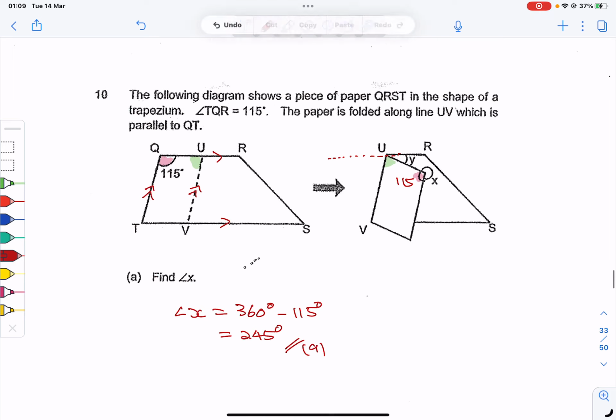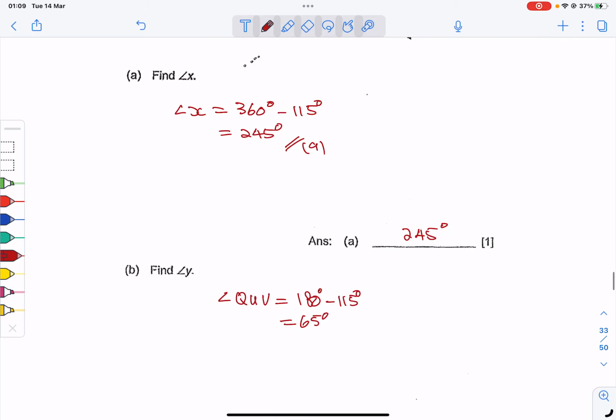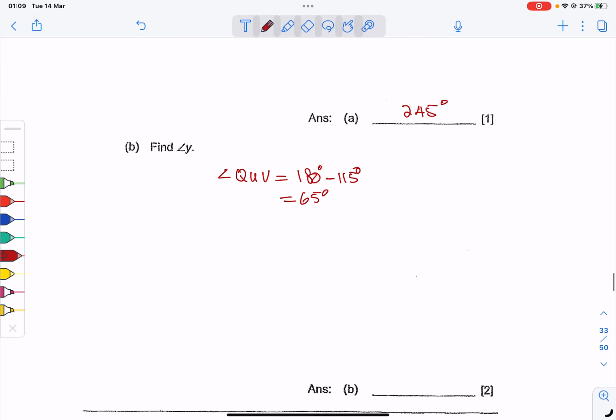Now, if this is 65 degree, here when you unfold, this will also be 65 degree. So we can find angle Y. Okay, when you unfold, it's a straight line, 180 degree minus 65 degree, 2 pieces. Okay, you will have 50 degree.